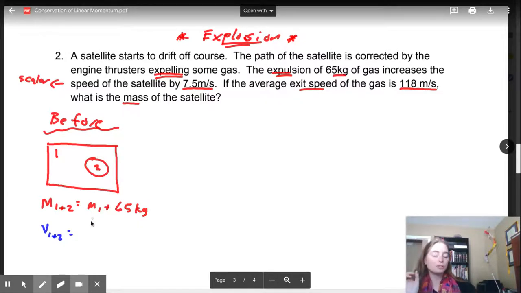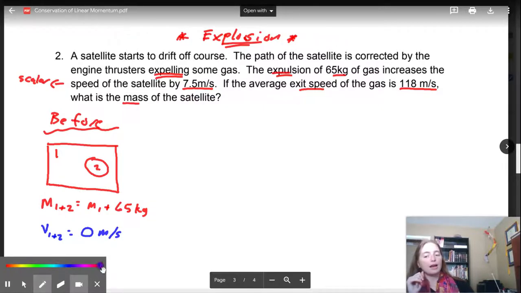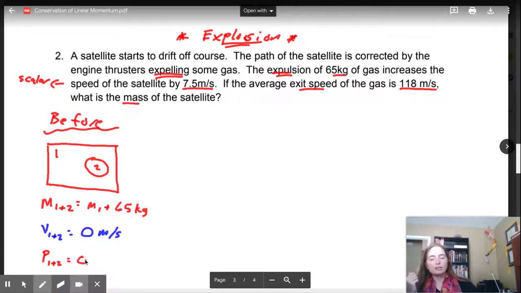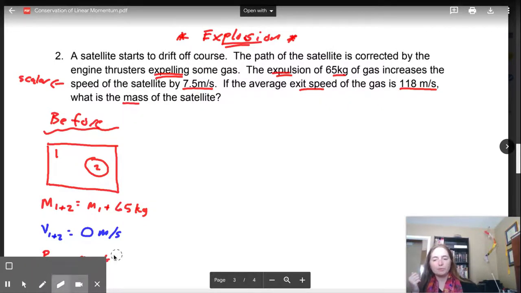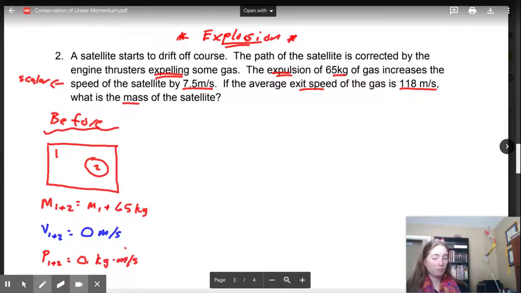In an explosion scenario, unless told otherwise, which you're not going to be, it is assumed to be 0 meters per second. That is the big part about your explosion questions. So what that tells us is our P1 plus 2 is going to equal 0 kilogram meters per second. Well, that's handy. We've got a 0. That's going to make our lives easier.